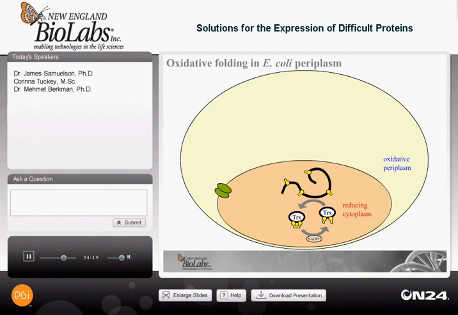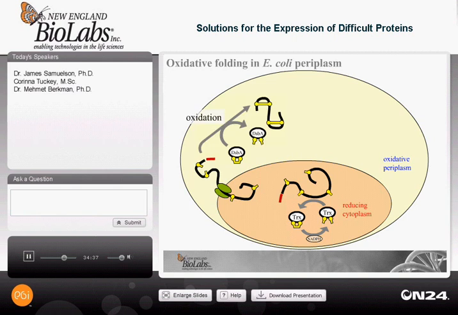A protein that requires disulfide bonds needs to escape this compartment, which is usually done through a signal peptide that targets it to a machine, such as the SEC apparatus, that will bring it to the periplasm, where an enzyme that we have named DsbA will quickly catalyze the formation of disulfide bonds.